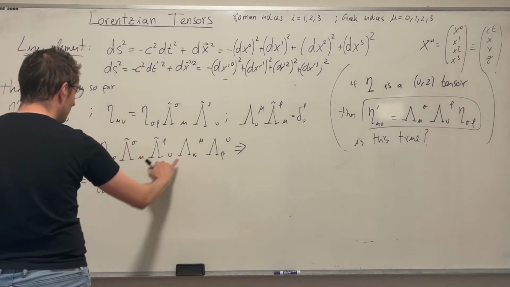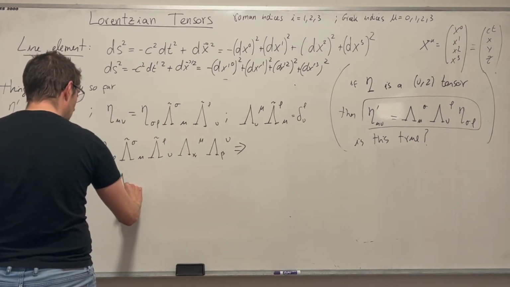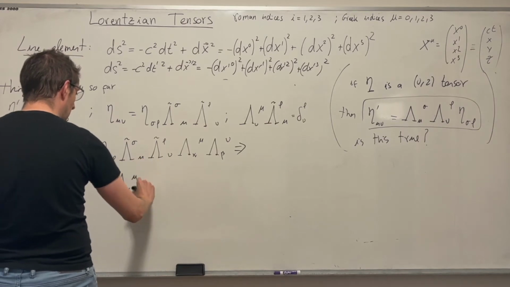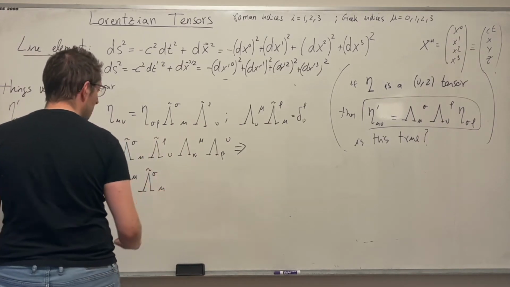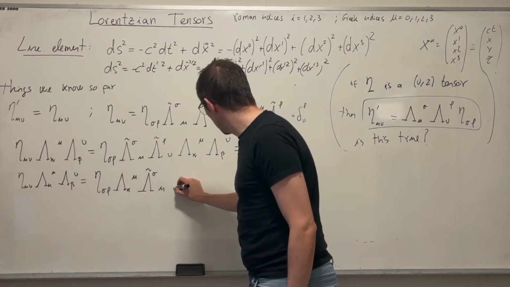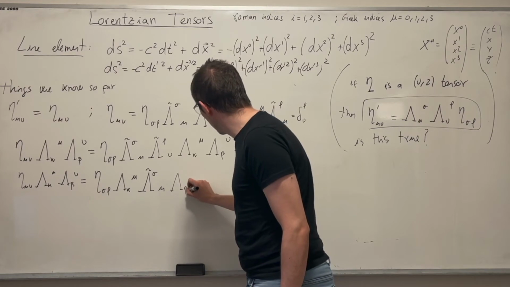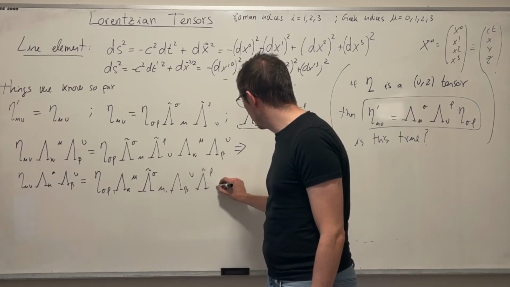I'm going to pair these two. I'm going to write this one first, so it's lambda kappa mu and then lambda tilde sigma mu, and then I'm going to pair this with this one, so lambda beta nu lambda tilde rho nu.